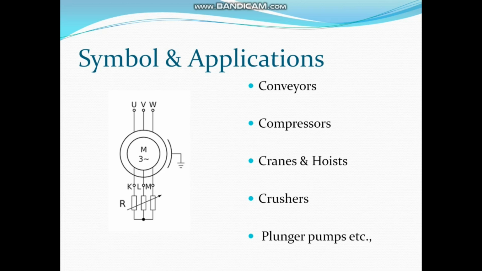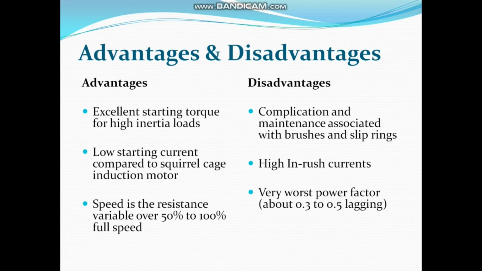The various applications are conveyors, compressors, cranes and hoists, crushers, plunger pumps, etc. The various advantages and disadvantages of the three-phase wound rotor induction motor are: excellent starting torque for high inertia loads, low starting current compared to a squirrel cage induction motor, and speed is resistance variable over 50% to 100% of the full speed are the various advantages.